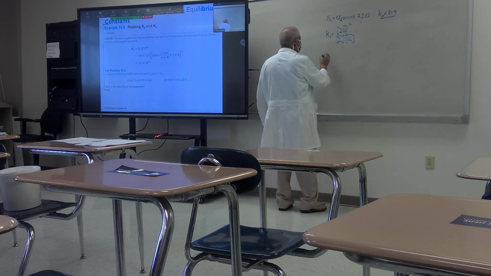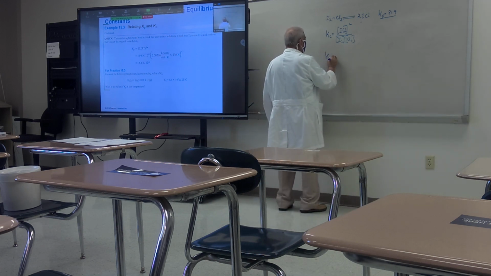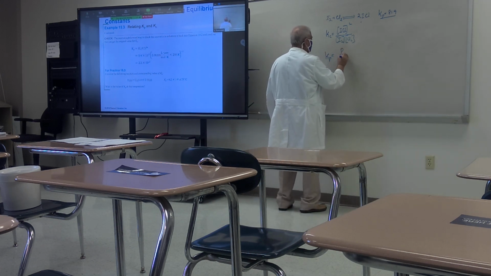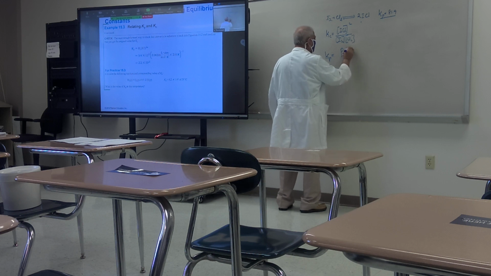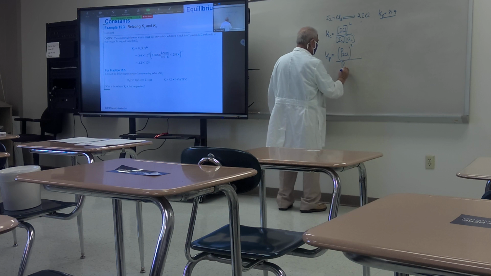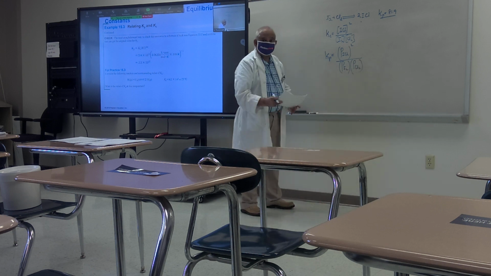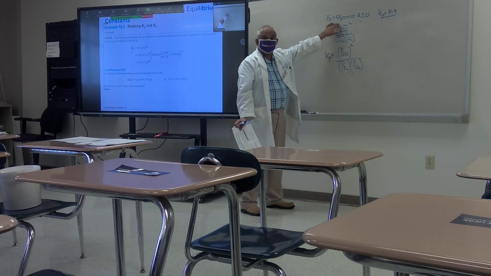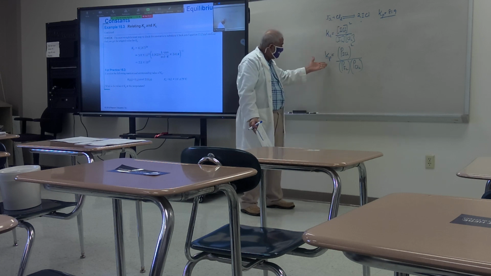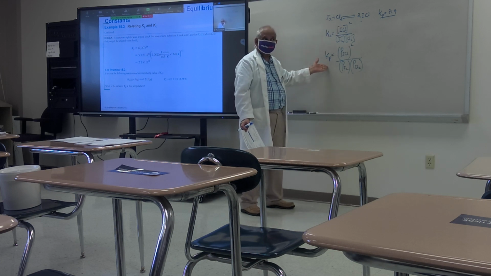For Kp, this is what you are going to write. Kp equals the partial pressure of ICl to the power of 2 over the partial pressure of I2 to the power of 1. You don't need to write the partial pressure of Cl2. This is what I told you. Pick any 25 equations like this, and you have to write both of them.